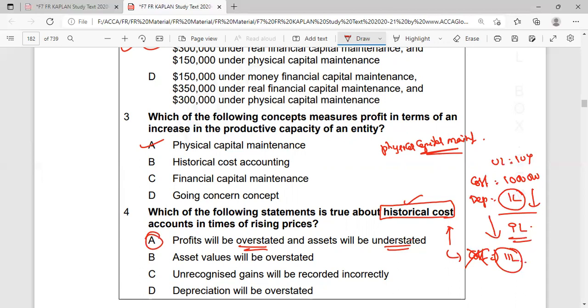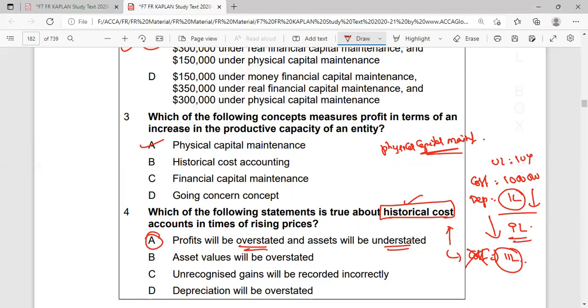Just imagine I purchase a phone for 1 lakh. After 1 year, the price of the phone has increased as prices are in an increasing trend, to around 1,20,000.